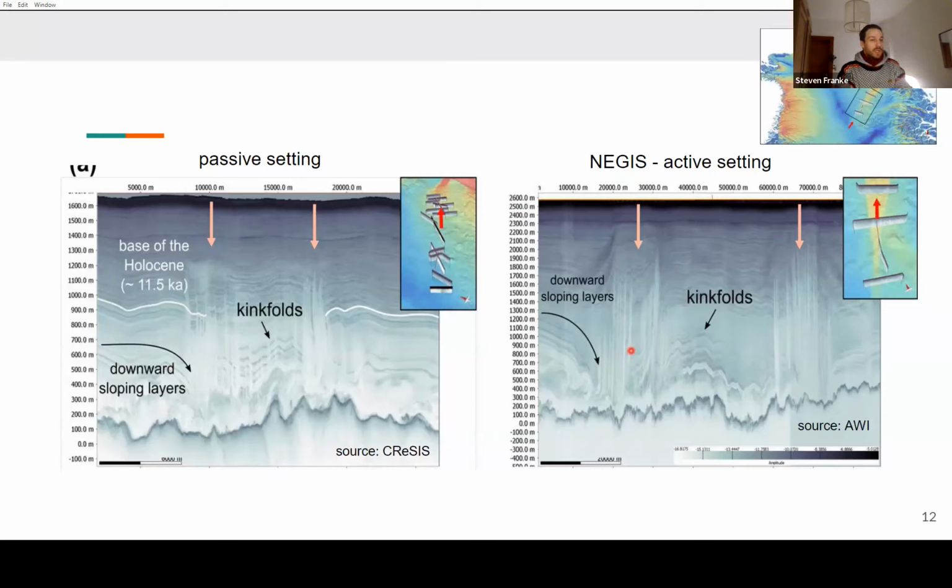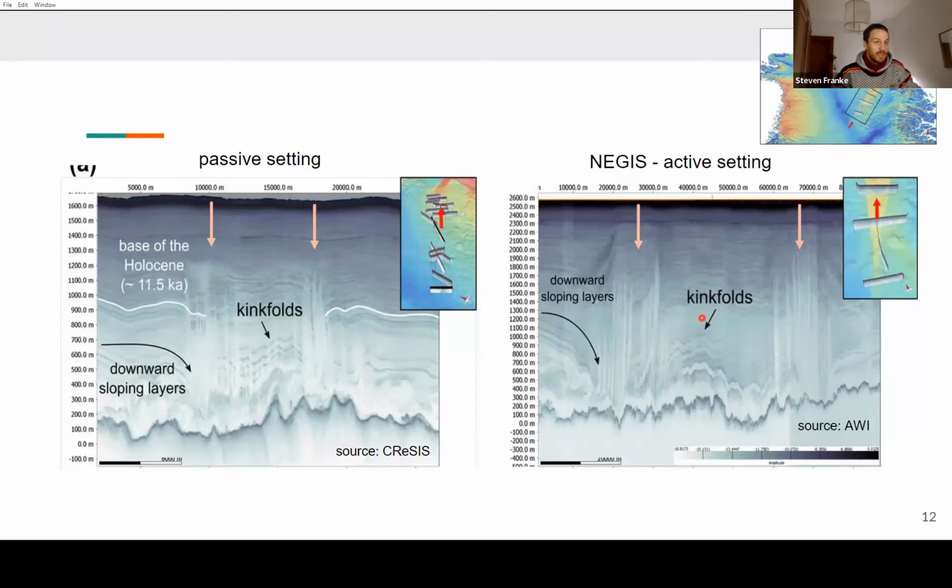So we can say whatever caused the features on the right might also be the reason for whatever caused the features on the left image, which gives us reason to say that in this region, north of NEGIS, we had a second NEGIS-style ice stream, which is not there at the moment.